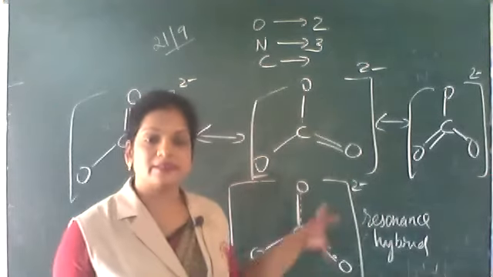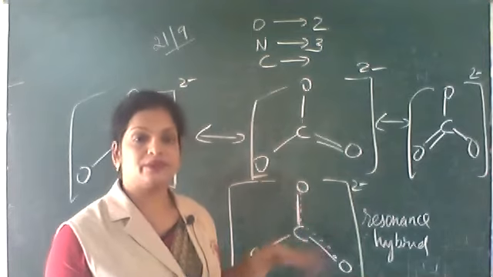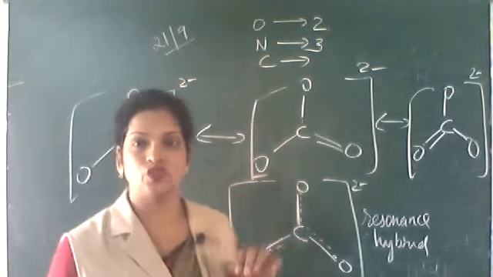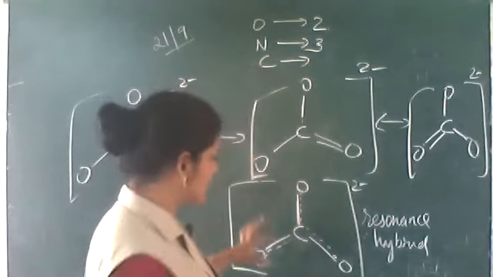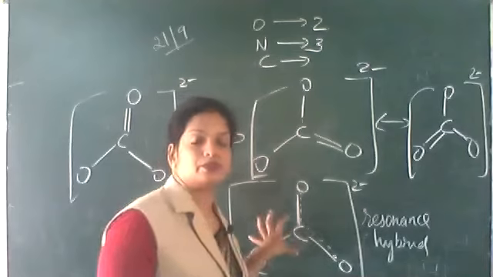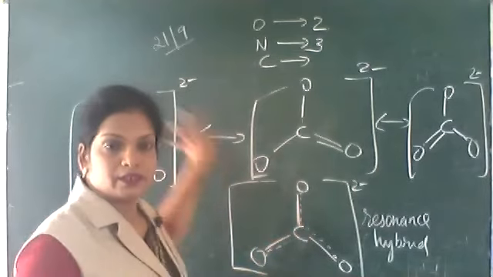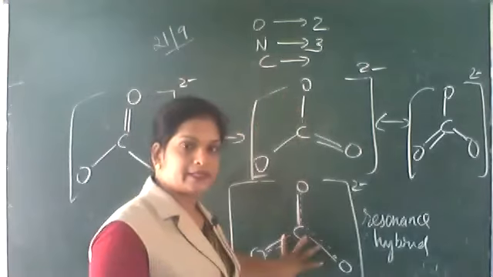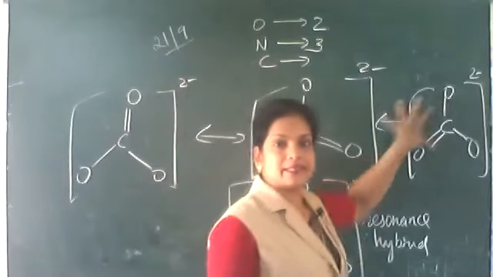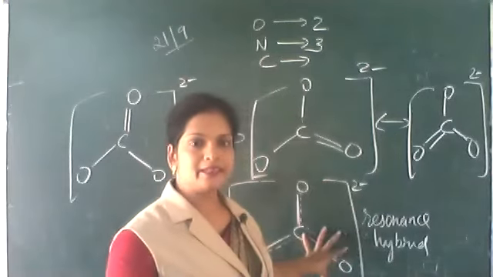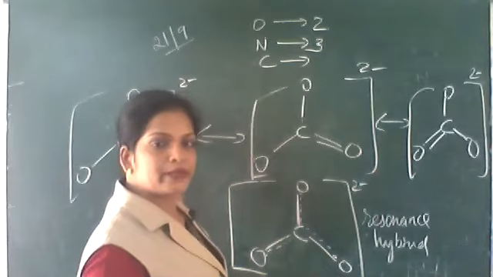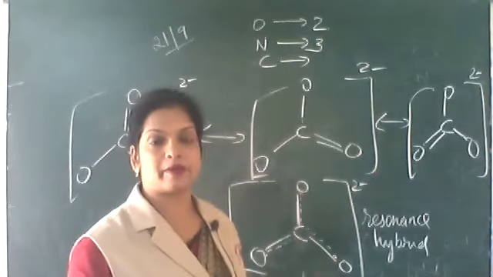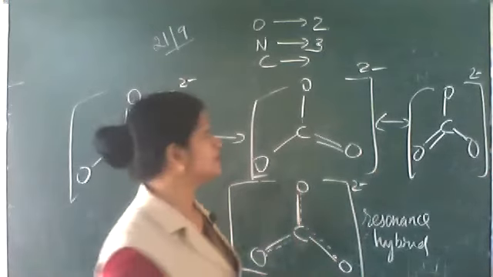So we said this is the actual structure which we cannot represent on a piece of paper. This structure is the most stable, meaning least energy. Each canonical form's energy is greater than the hybrid's energy. So the energy difference between a canonical form and the resonance hybrid is called resonance energy.